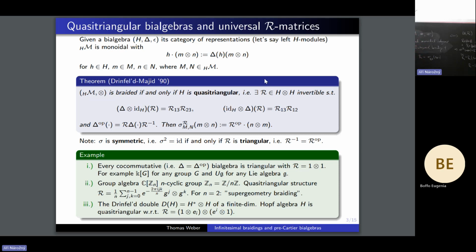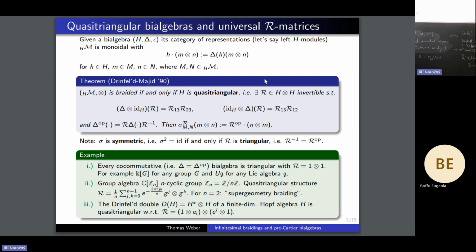And you can show that this element satisfies all of the properties. One special case that is kind of interesting is n equal to 2, because then this gives you the supergeometry braiding. This braiding will simply give you the sign that you get in supergeometry. In this sense, you can say that supergeometry is a special case of braided geometry.